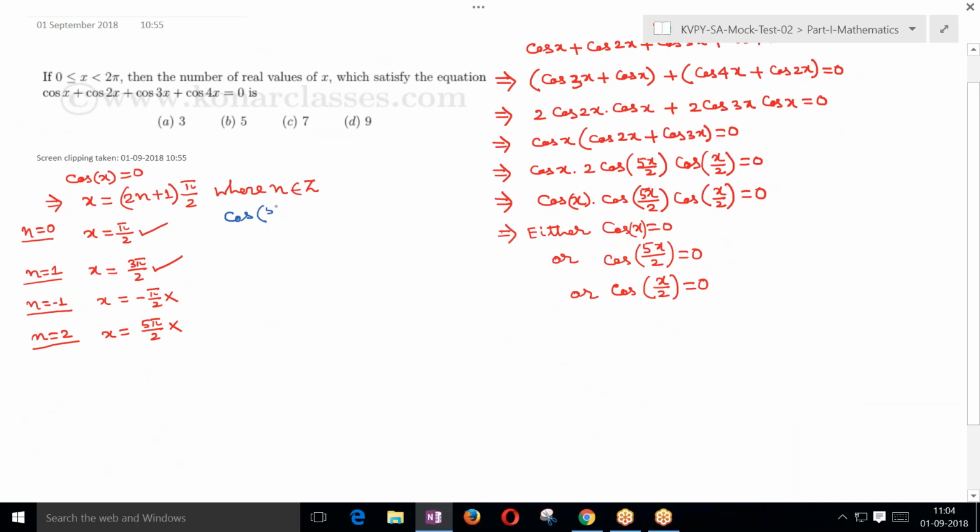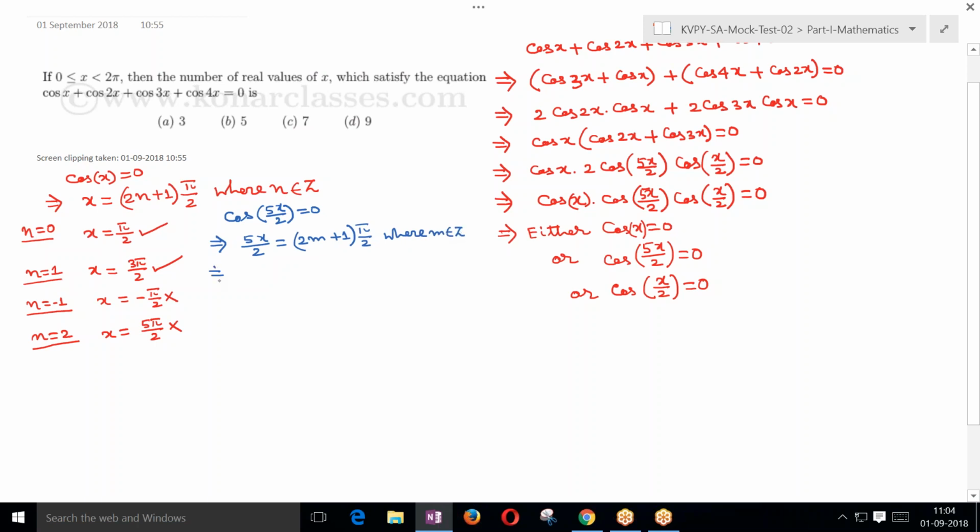Cos of 5x by 2 is equal to 0. Same principle: cos of 5x by 2 equal to 0 means 5x by 2 is equal to 2n plus 1, but we cannot write n because we already have n for cos x equal to 0. So we can write here it is 2m plus 1 into pi by 2, where m belongs to Z, the set of integers.